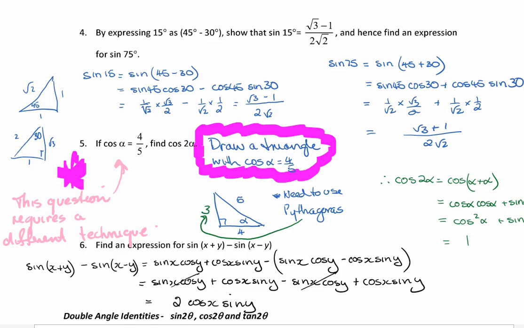So keep in mind the possible combinations of different angles. So, by expressing 15 as 45 minus 30, show that the sine of 15 is this thing. Again, I wouldn't spend any time trying to learn that. You don't need to know that.